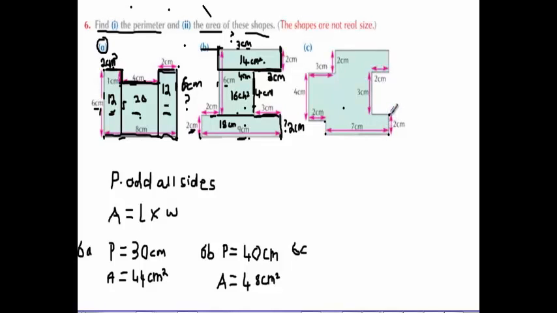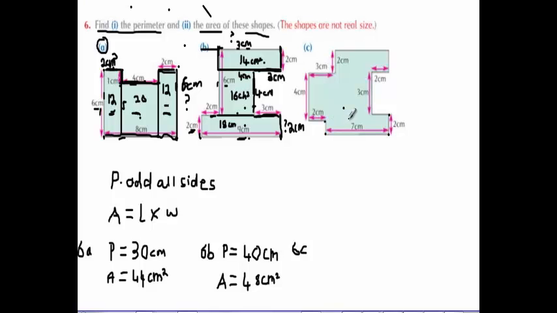Well, we know that this is 2 centimeters, and we know that this is 7 centimeters, and we know that this is 4 centimeters from here to here. We know that this is 3 centimeters from here to here. So can we find out exactly what our shape is?